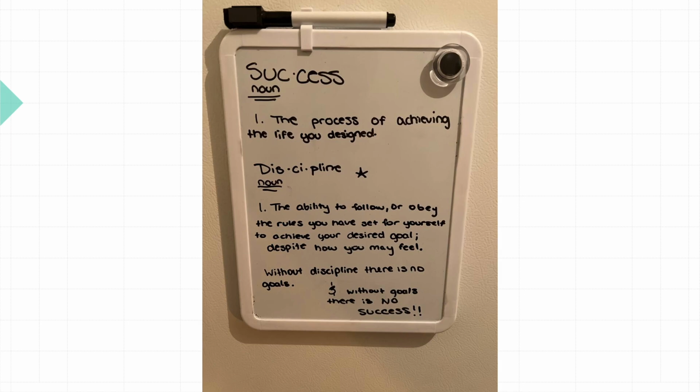Very simple. Then there's discipline, of course, and my definition of discipline would be the ability to follow or obey the rules you have set for yourself to achieve your desired goal. Okay? The rules that I have set for myself so I can follow or obey for the goal that I desire, despite how I feel.